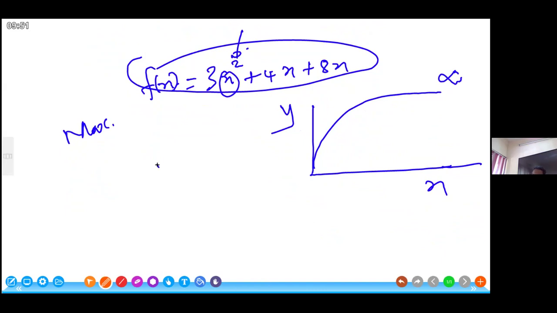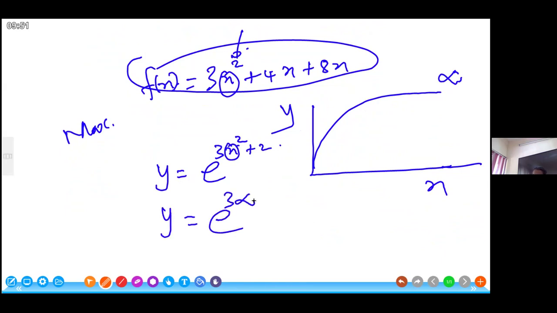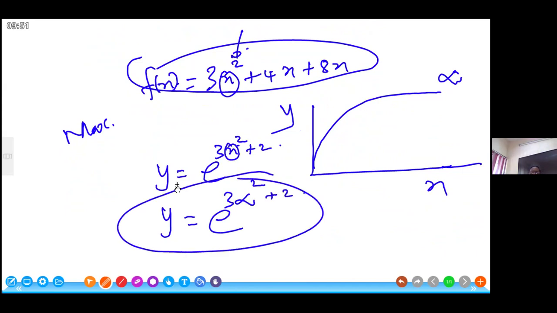Let's say y equals e to the power 3x square plus 2 as an example. So instead of x, you get y equals e to the power 3 infinity square plus 2. So you'll have to solve this for the value of y.